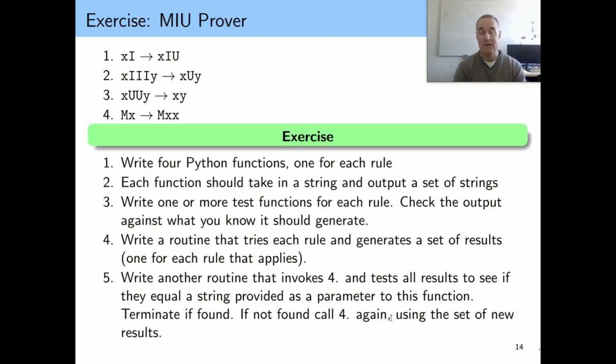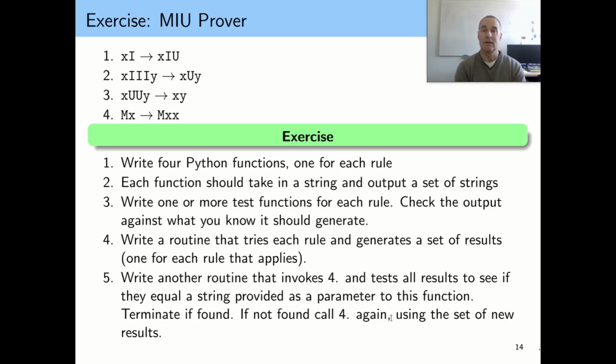So although the first and the fourth rule can only transform one string into one other string, rules 2 and 3, if you have really long strings, can transform one string into many possible strings, right? So remember, if we had M and 4 I's, rule 2 could give us MUI as well as MIU. So 2 possible outputs. The same is true for rule 3.